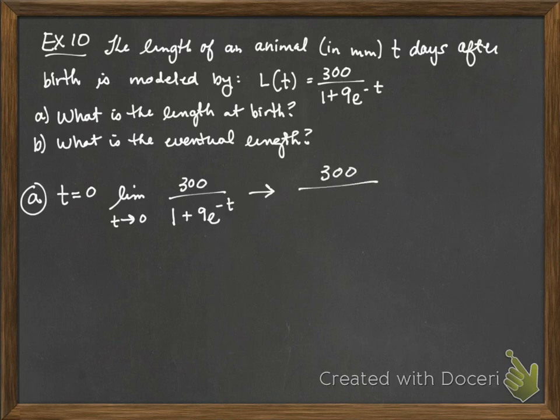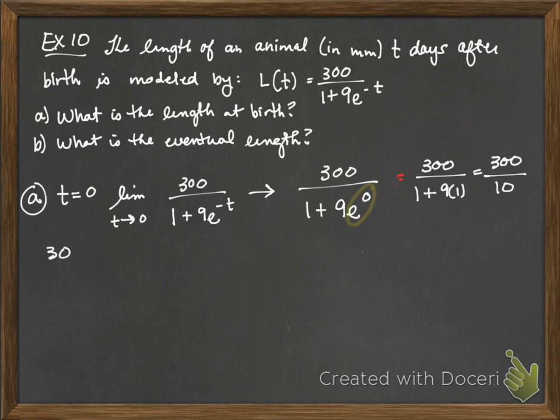So 300 over 1 plus 9e to the negative 0. And if you remember from algebra, e to the 0 equals 1. So I get 300 over 1 plus 9 times 1. So this becomes 300 over 10. 300 divided by 10 is 30. So 30 millimeters is the length at birth of whatever animal this is.